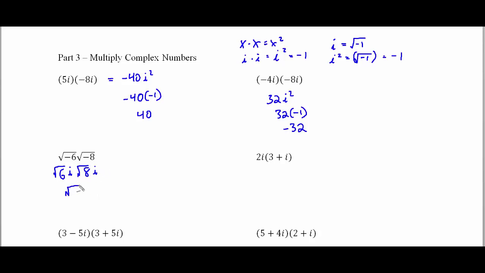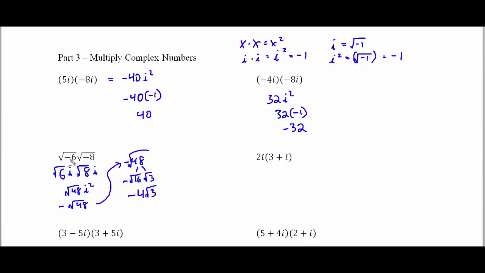So what I now have is the square root of 48 i squared, or negative square root of 48, which I also need to simplify, because that 48 under the radical is divisible by 16. And if I divide it by 16, I get 3. So my final answer is negative 4 square roots of 3.